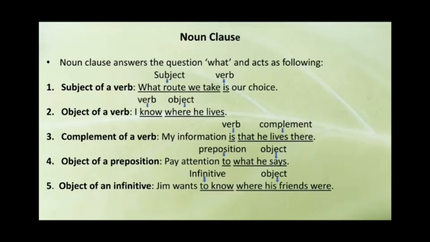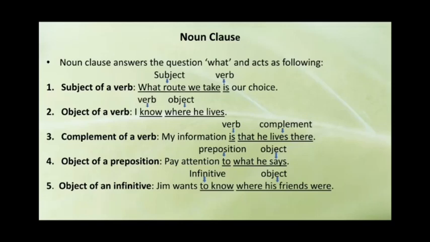The first one is subject of a verb. Whenever we have to see if there is something that is the subject of the verb, let's see the sentence: What route we take is our choice. In this, we have the first part, that is what. You can see what is a subordinating conjunction.